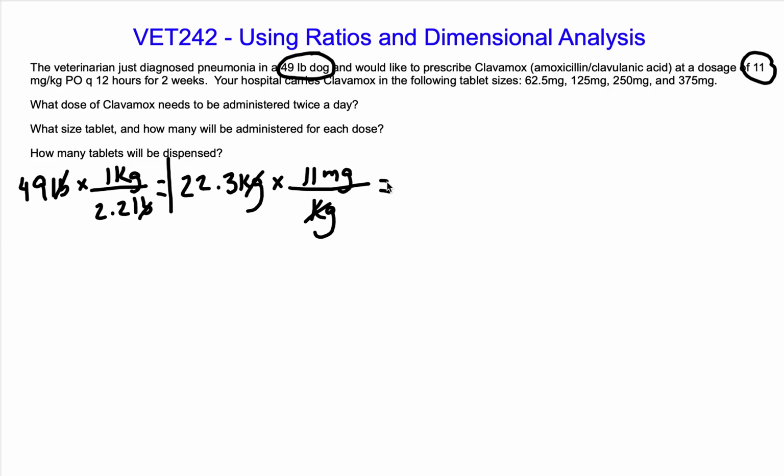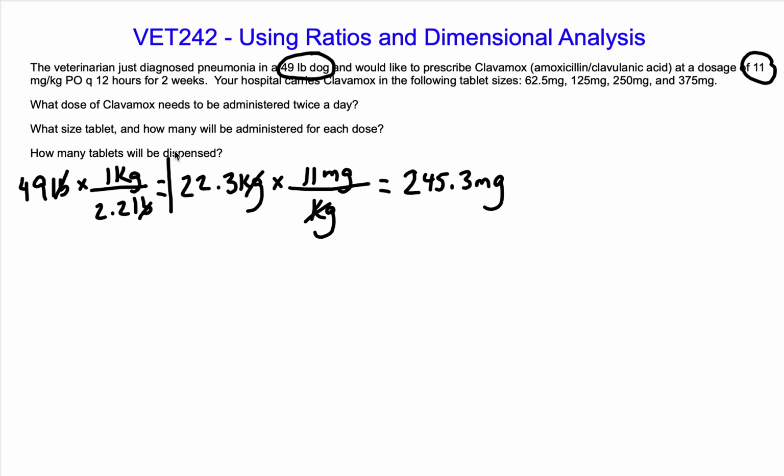Going back to my calculator, 22.3 times 11, and that is going to give me 245.3 milligrams in the morning and in the evening for 2 weeks. So that's the first question.